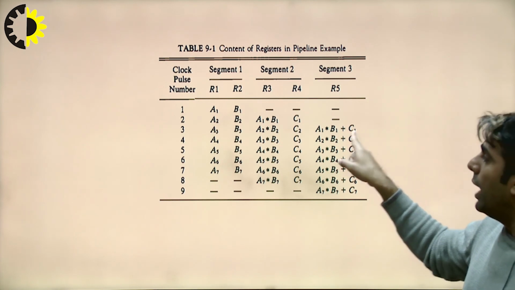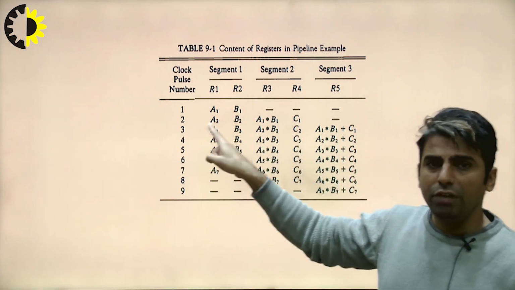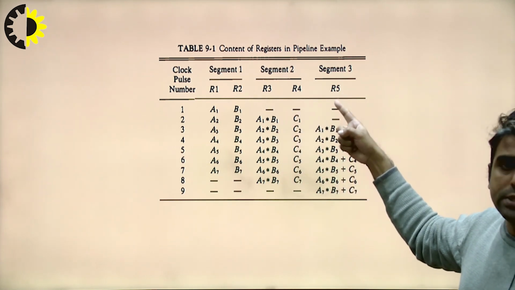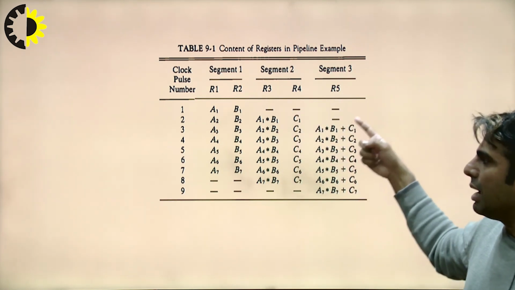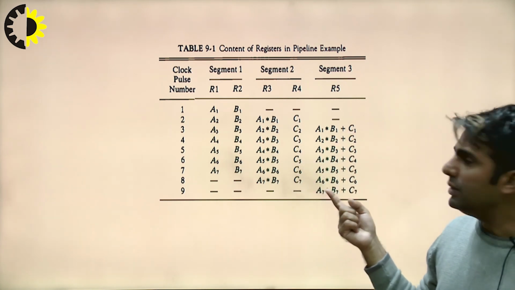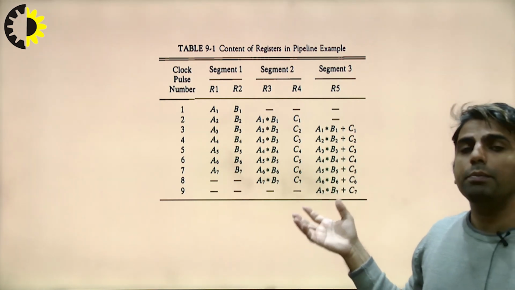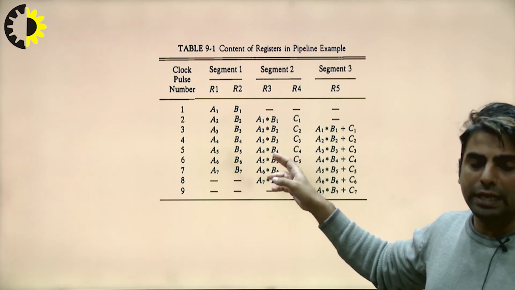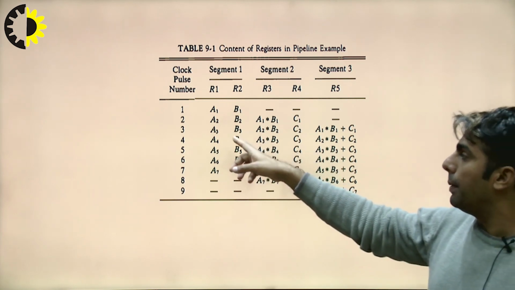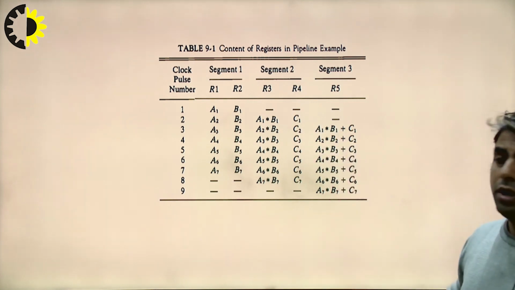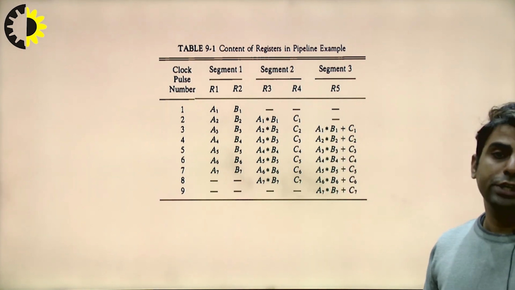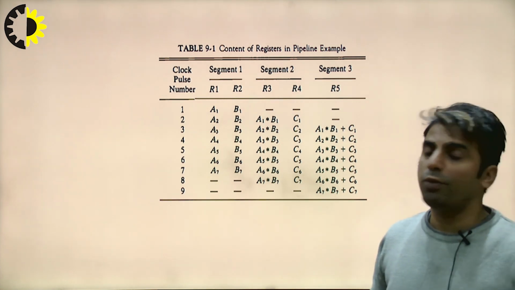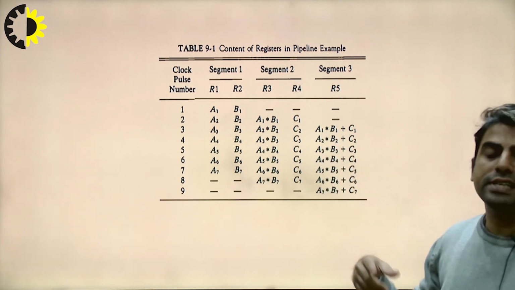On clock pulse number 3, we can observe that all the segments are busy. So that is our pipelining. All the segments are working together simultaneously, on sub-operations of one common operation. One common operation here was that we have to do this calculation 7 times.